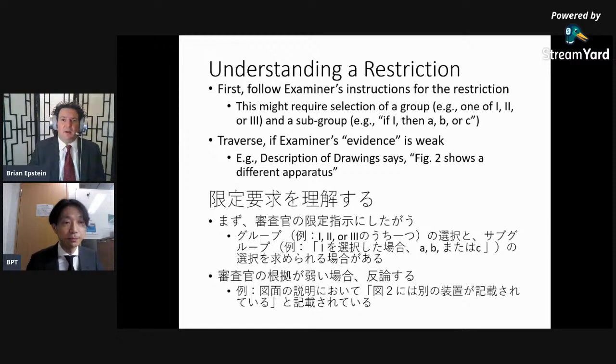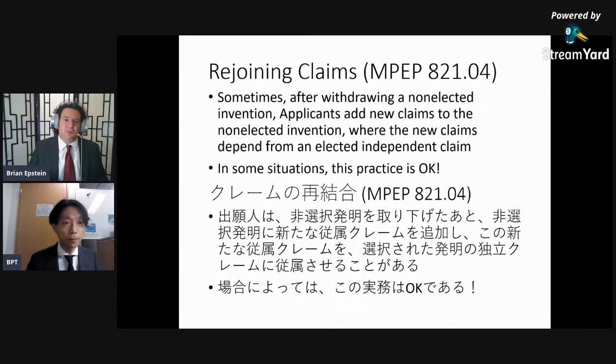Yeah, they are. So what we're discussing here is rejoining claims under MPEP 821.04. So, an election is made. Some of the claims might be canceled and re-added as dependent claims that have similar or the same subject matter.